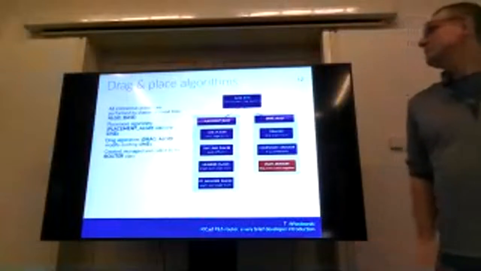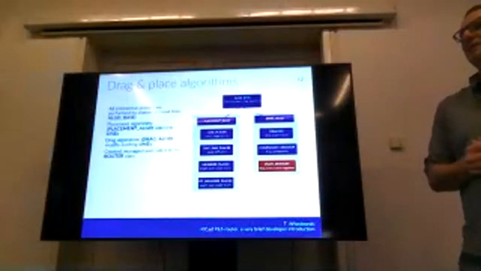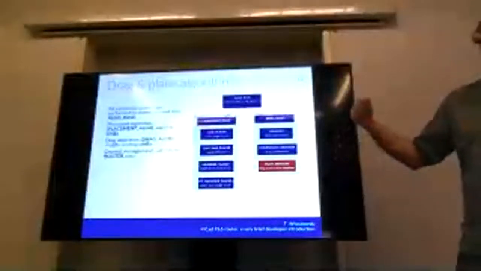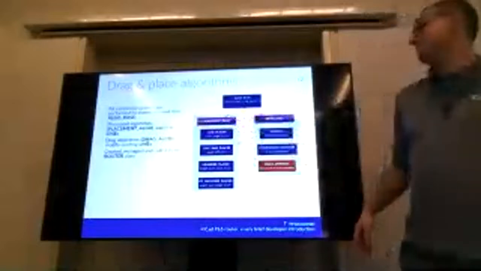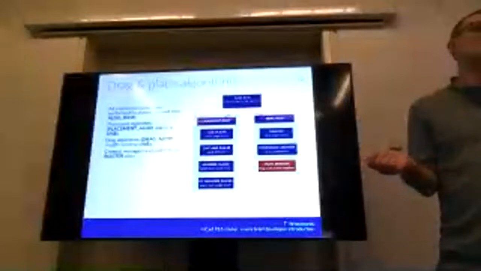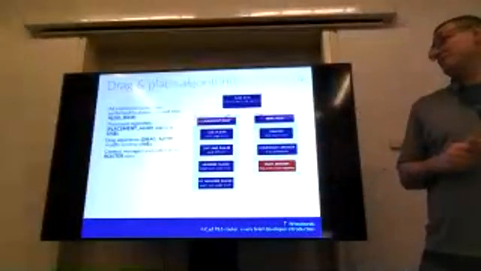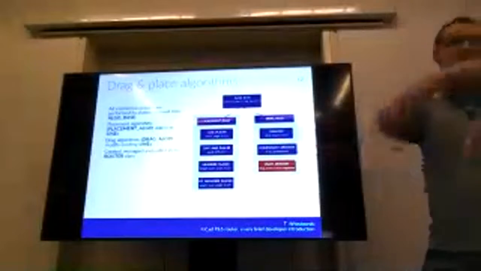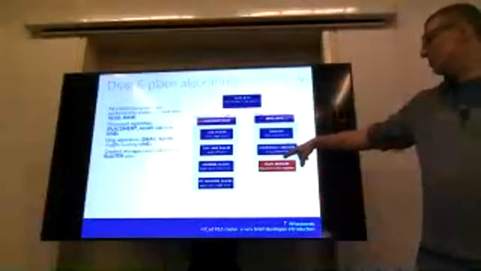So we have several dragging and placement algorithms, and they follow the same pattern: start, routing or dragging, move, fix, then commit. They are split into two categories. Placement algorithms create new lines, new tracks. So we have a single line placer, differential pair placer, meander placer for the accordions. We have a differential pair meander placer for meandering differential pairs, and then we have a bunch of dragging algorithms.